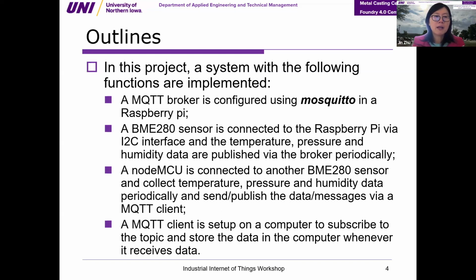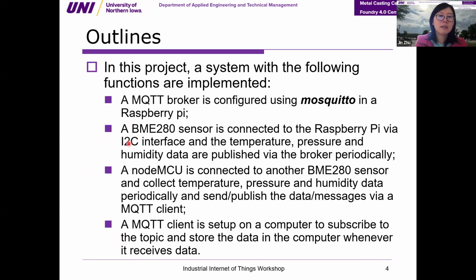The first part is we're going to set up a Mosquito broker. The MQTT broker that we're going to use is the Mosquito broker, and we'll make sure it is configured properly. Then in the second part, we will create 3 different MQTT clients.